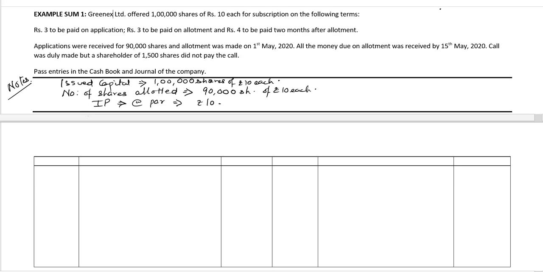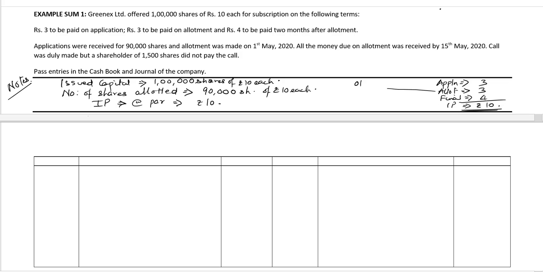We'll write the breakup. Application, rupees 3. Allotment, 3 rupees. And the final call, 4 rupees. Total issue price is rupees 10. It says the applications were received for 90,000 shares and the allotment was made on 1st May 2020.